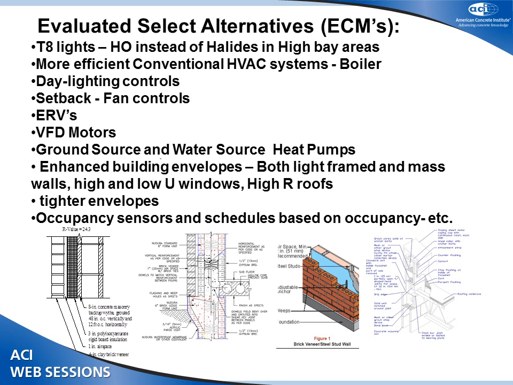Some of the things that we looked at: more efficient lights, going to T8 lights and high output T8 lights instead of the standard T12, and in some cases in the high bay areas, the halides. We looked at more efficient HVAC systems, both conventional systems and non-conventional system heat pumps.